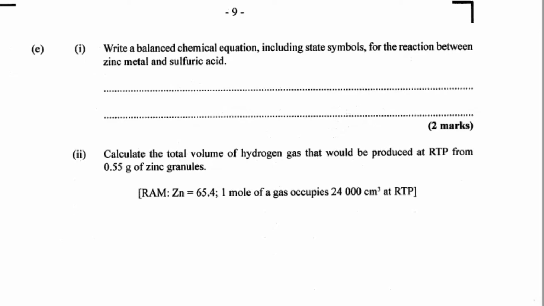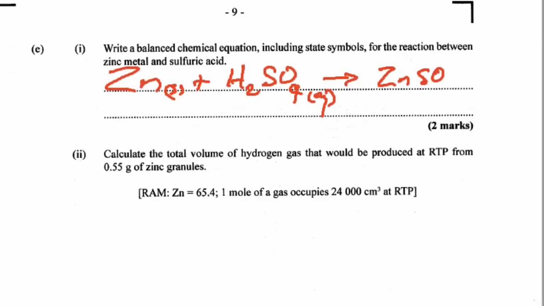So this is Zn, which is a solid, plus H2SO4 aqueous to give zinc sulfate, ZnSO4 aqueous, plus H2 gas. So just writing this as is, it's balanced, 2 marks.